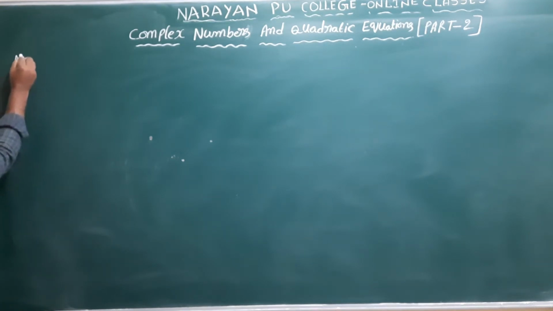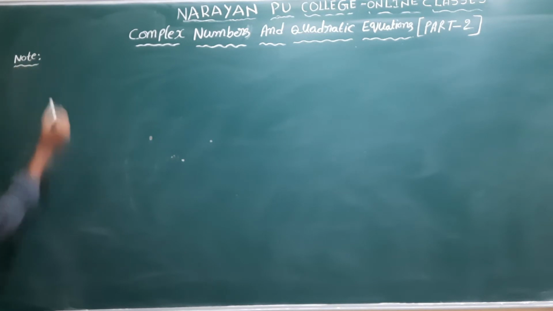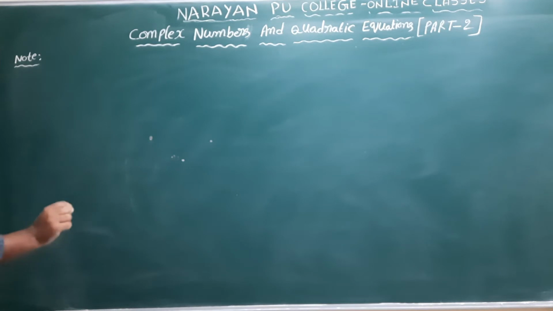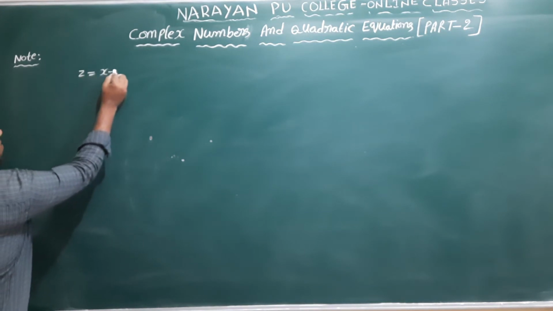Here is one point, let us take note. Just listen, don't write. We studied modulus and conjugate of a complex number. Before that, we calculated the multiplicative inverse of a complex number, for example z equal to x plus iy.